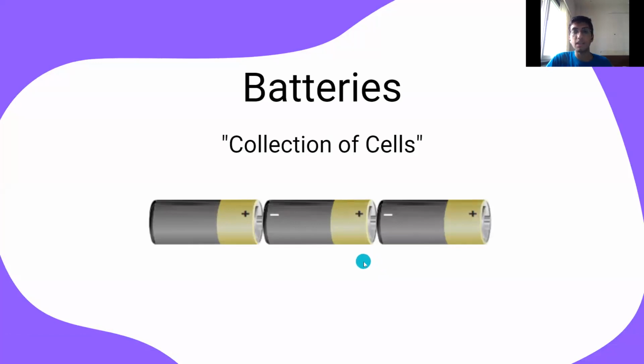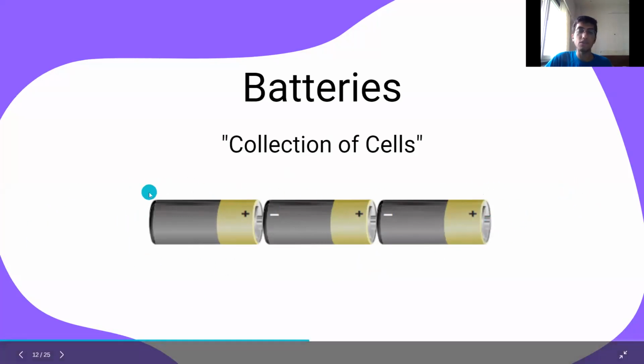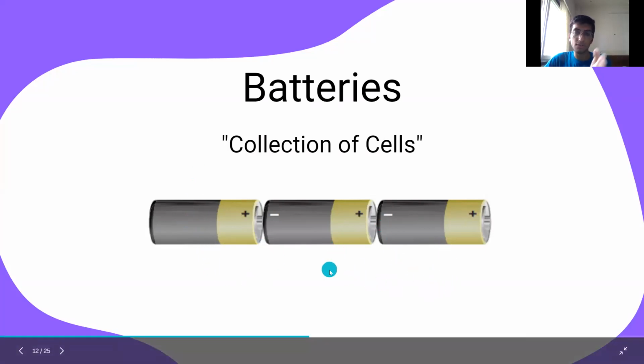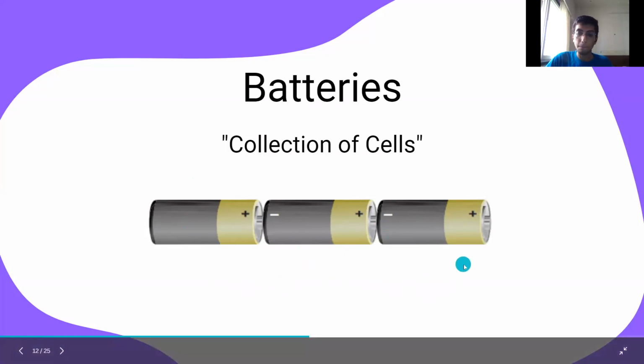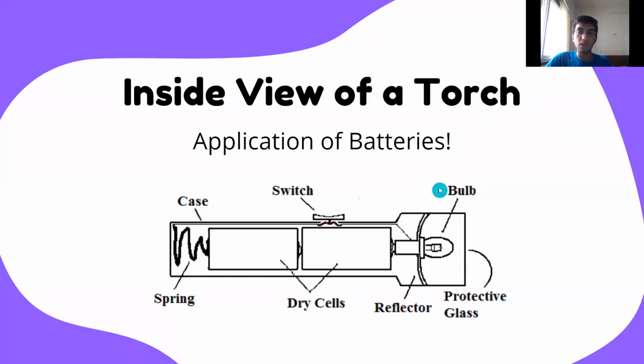When we connect more than one cell in series, we get a battery. So this is called a battery, in which we connect more than one cell in series, one after the other. One application of batteries is the torch.